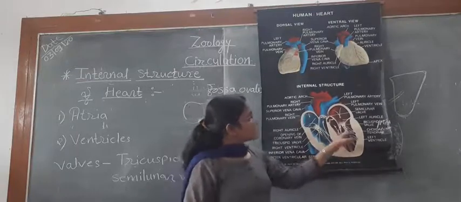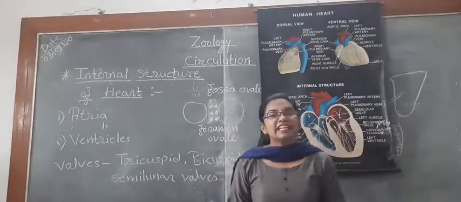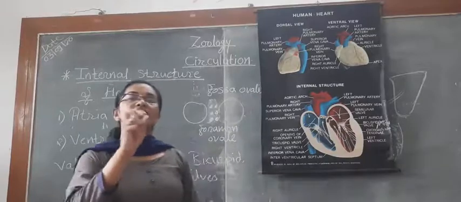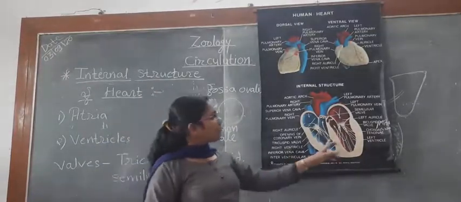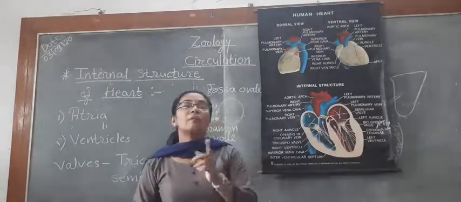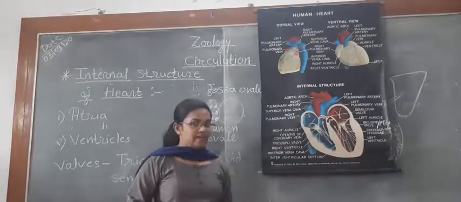These papillary muscles are attached to the valves by chordae tendineae, and these chordae tendineae provide the support to these connective tissue valves, and they again prevent the backflow of blood from the ventricles into the atria.